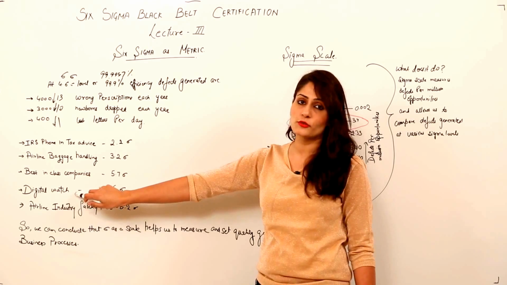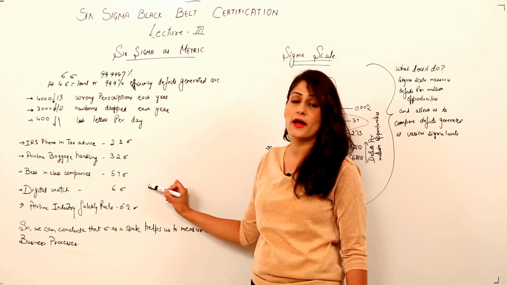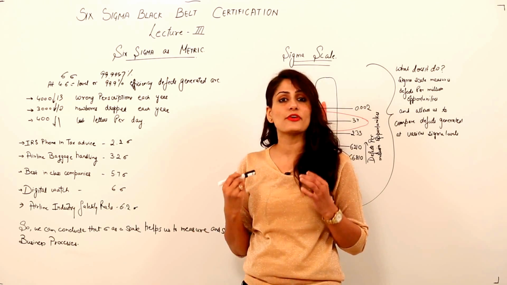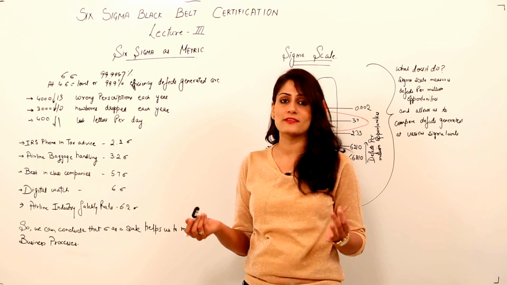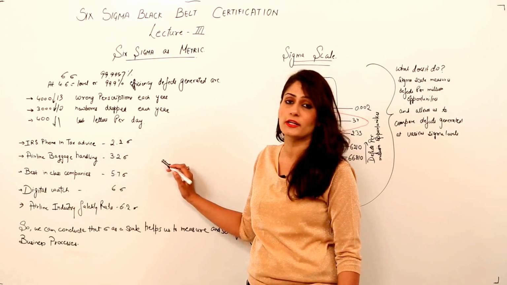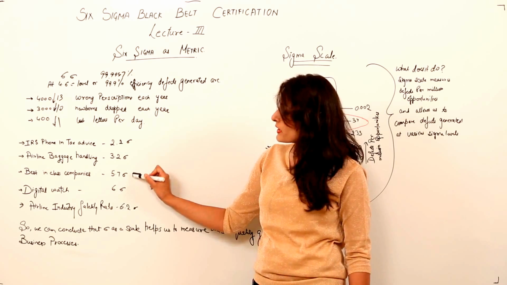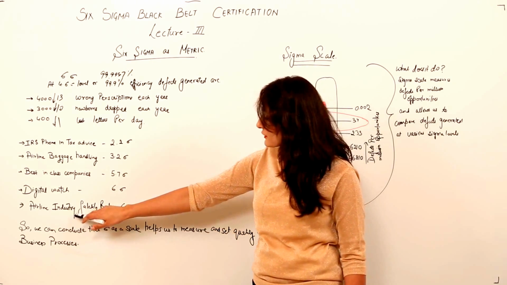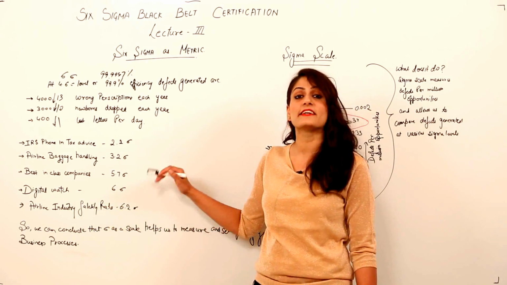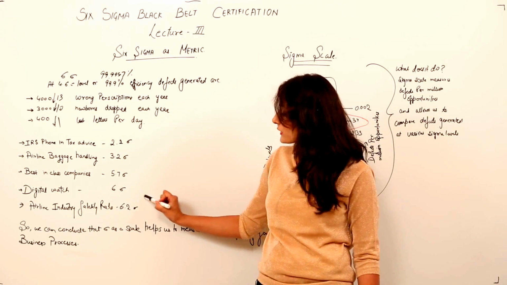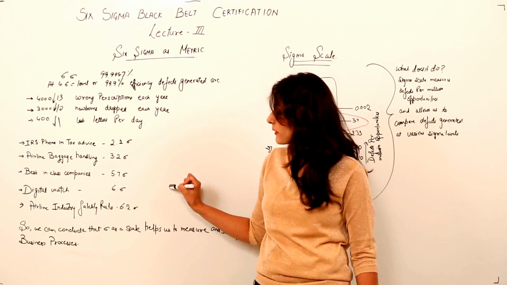Now comes a digital watch which is working on 6 sigma, and we all know that it has great efficiency. It just takes 1 second off within so-called 31 years, and this is a best example of 6 sigma. Then comes airline industry fatality rate. It needs even higher sigma levels, and it is working at 6.2 sigma.